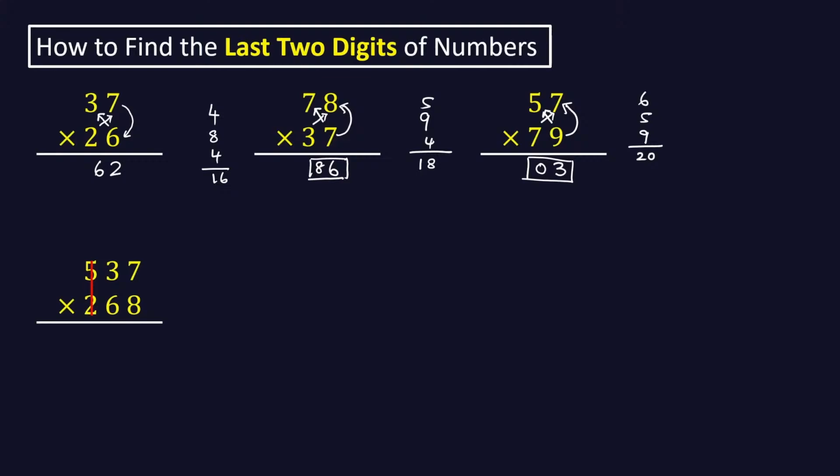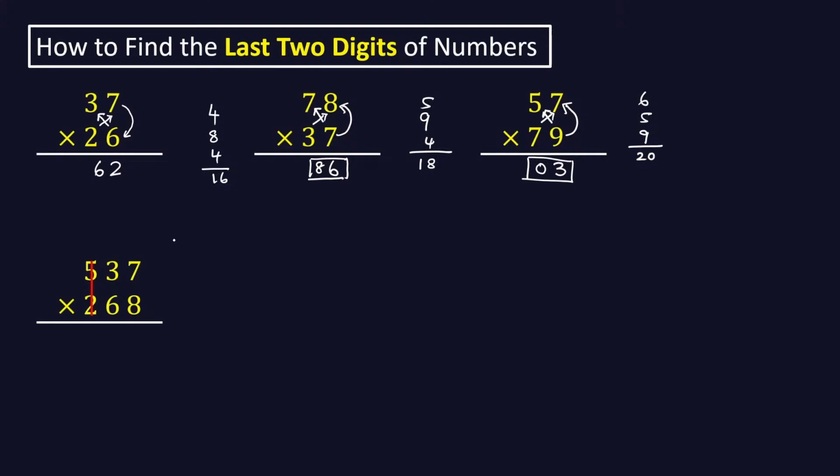That is, the 100th place digits are simply ignored in this sum. Now we are left with only 37 multiplied with 68. We have to find out the last two digits when 37 is multiplied with 68, and that will be eventually the last two digits when 537 is multiplied with 268.